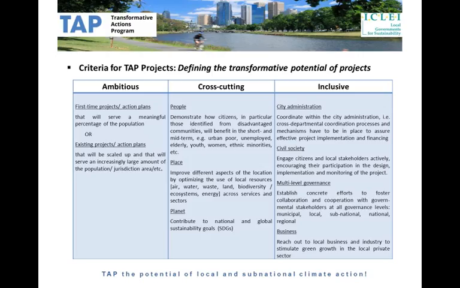And finally, in terms of inclusiveness, we are looking at how and if the project encourages cross-departmental coordination for effective implementation, if the citizens and local stakeholders are actively engaged, how the project tries to foster collaboration with other levels of government, and finally, if the private sector is actively engaged.